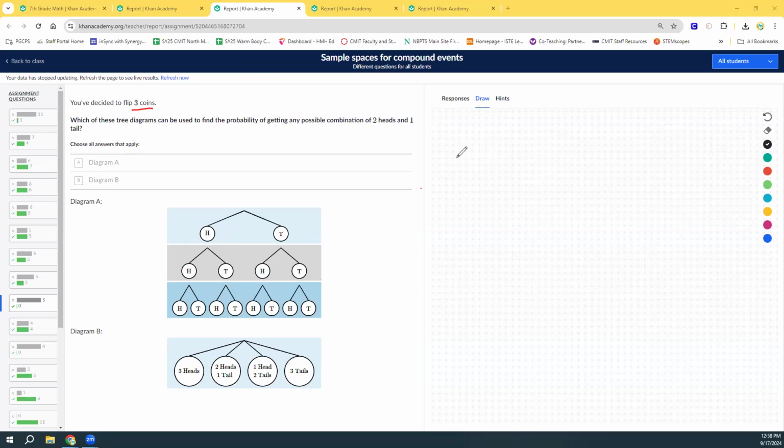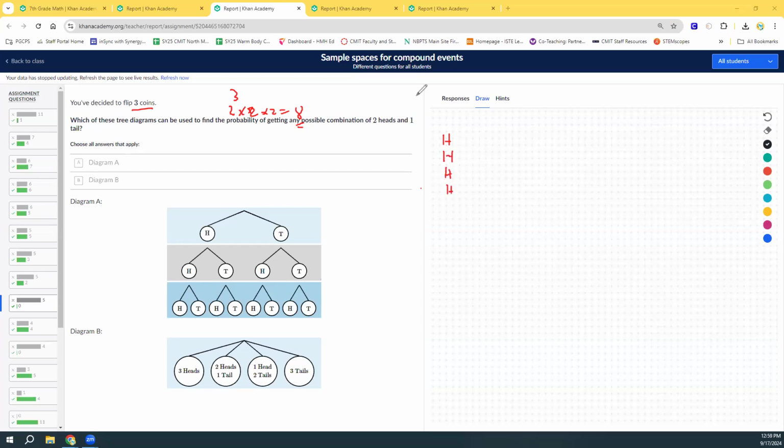If I'm going to do the flipping 3 coins, we can flip like this. First of all, there's 3 coins and each has a heads or a tails. So we could get 8 different possibilities, right?